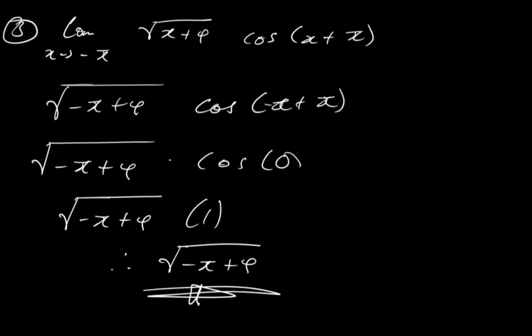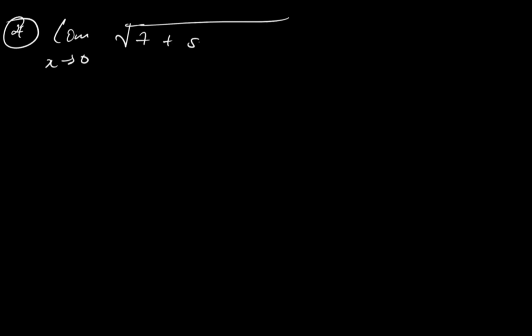So it's that simple. Let's look at the last example so that we can look at other advanced manipulations. You have the limit of x approaching 0 of the root of 7 plus sec squared x. You can try and pause this video and attempt to do it on your own.